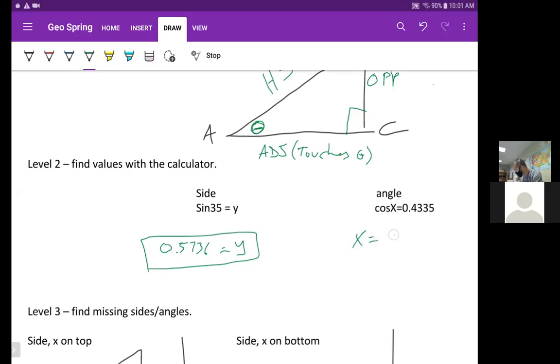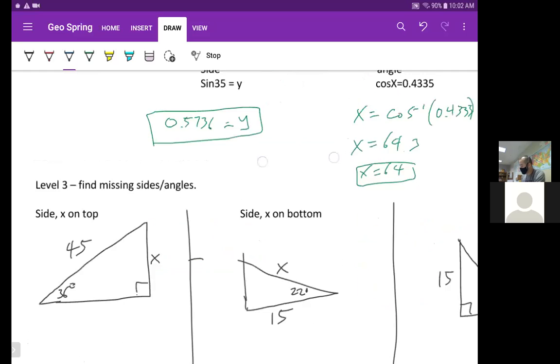So x equals the cosine inverse of 0.4335. So cosine inverse of 0.4335, that's x equals 64.3. So x equals 64.